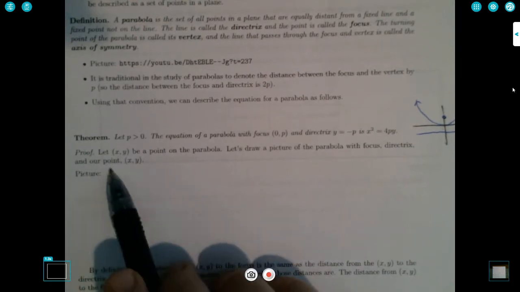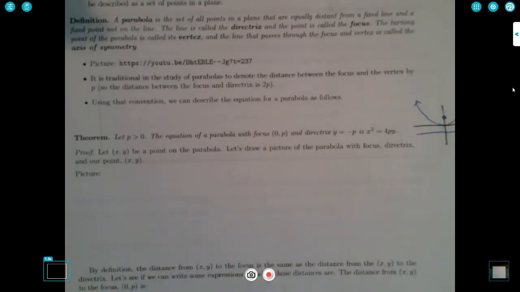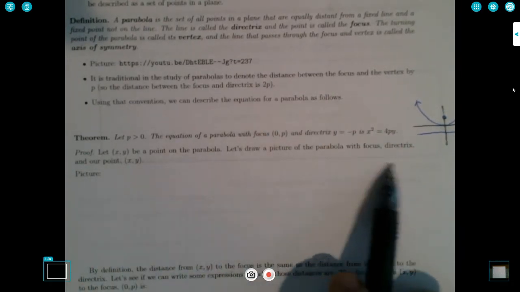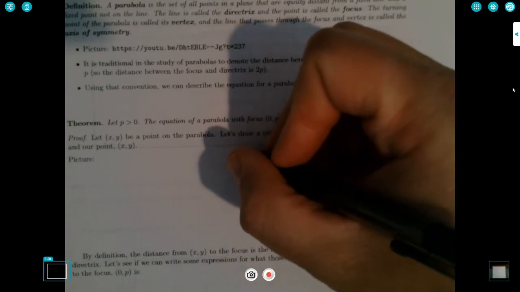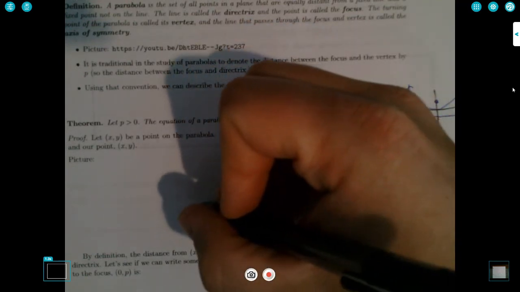So let's say that (x, y) is a point on the parabola, and let's draw a picture of the parabola with focus, directrix, and our point (x, y). This is the situation.